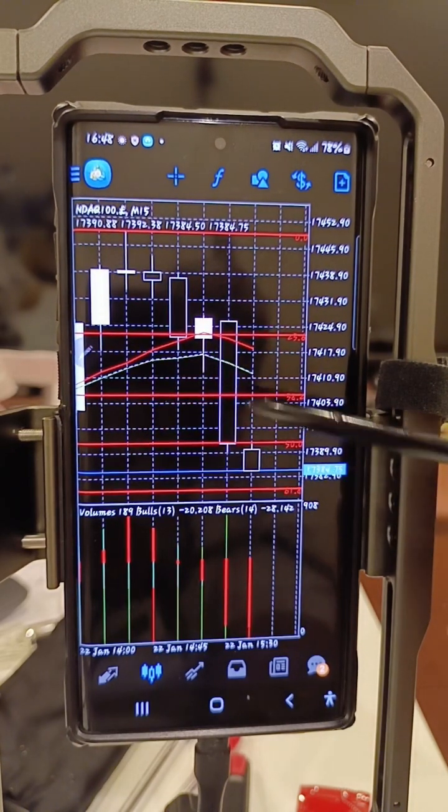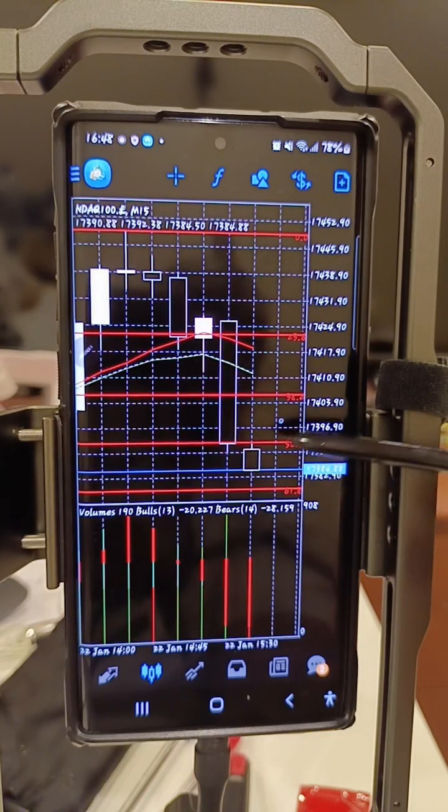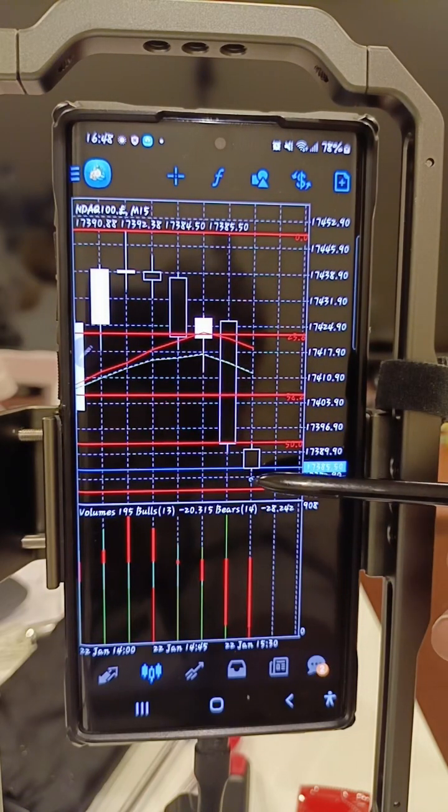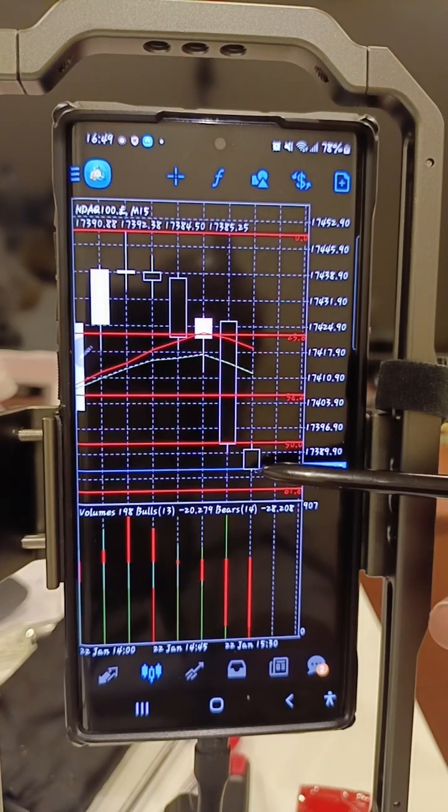Okay, so again, the 15-minute starts below the 50, you can see here, and it's pushing down nicely. So let's just see if it's going to continue to push.